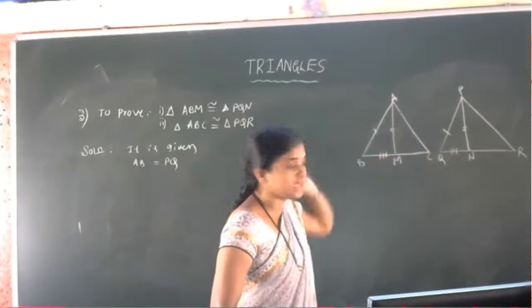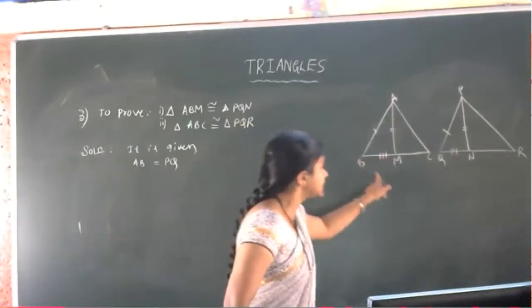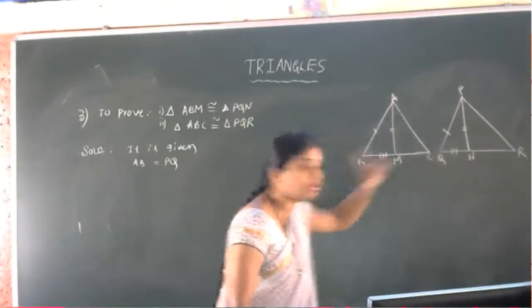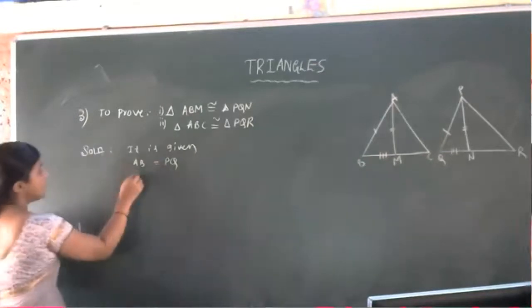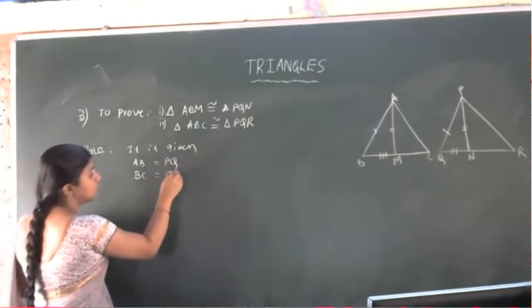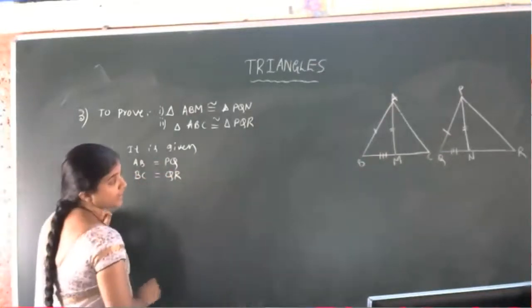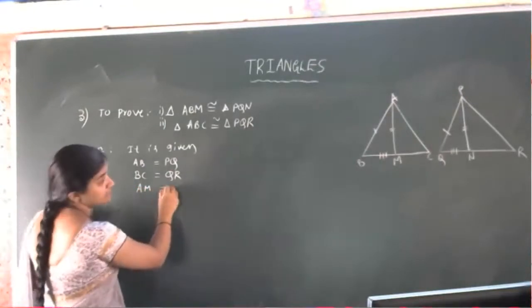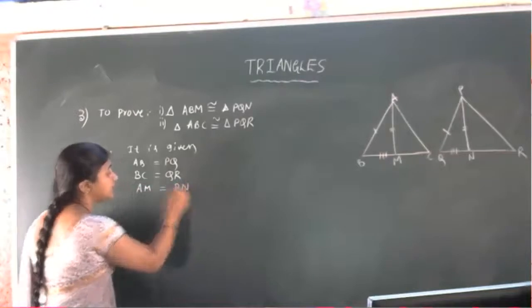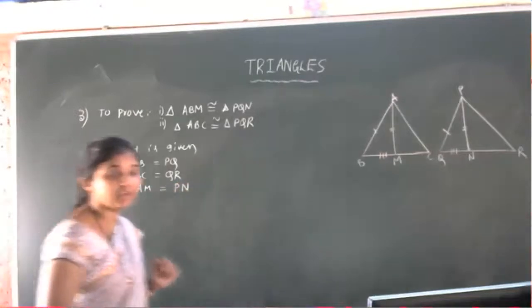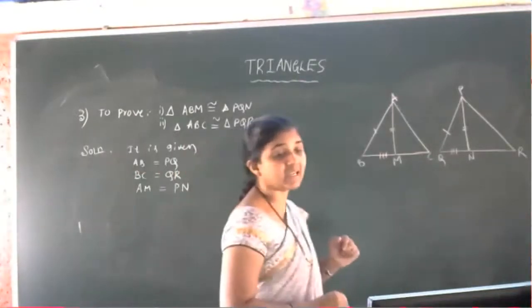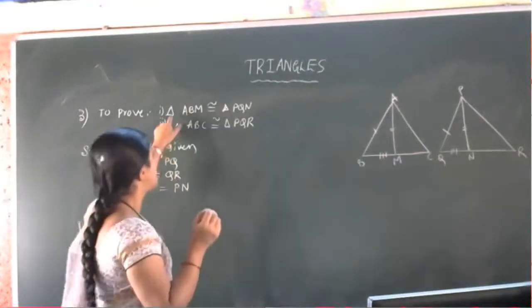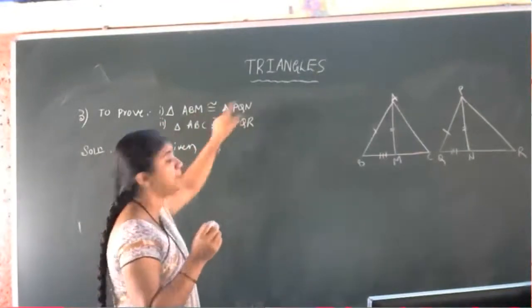Then BC side is equal to QR side. Then AM, the median, is equal to PN. These three data are given.